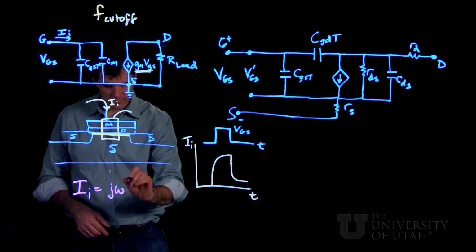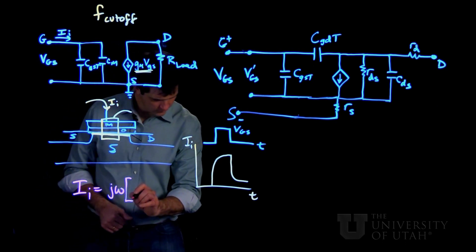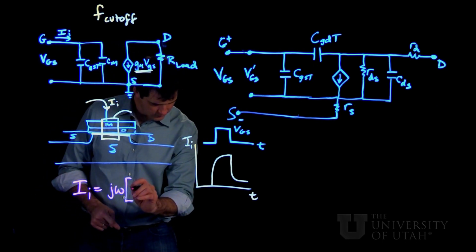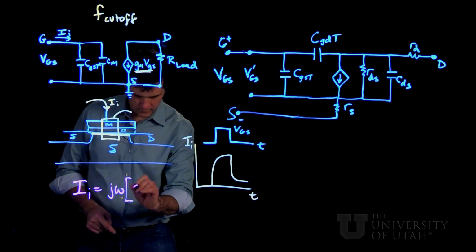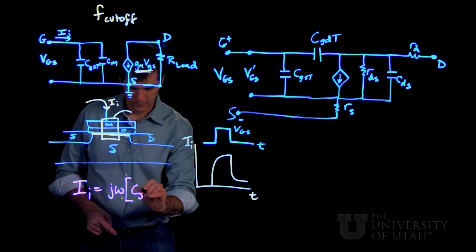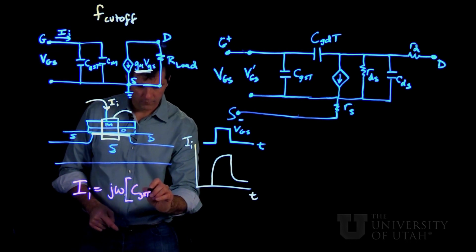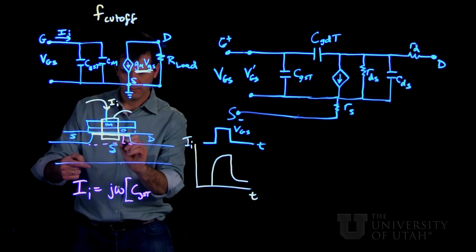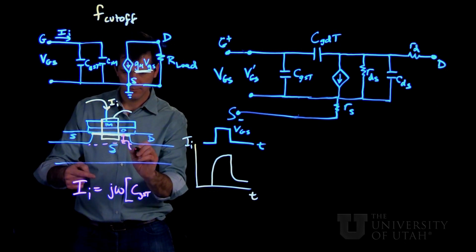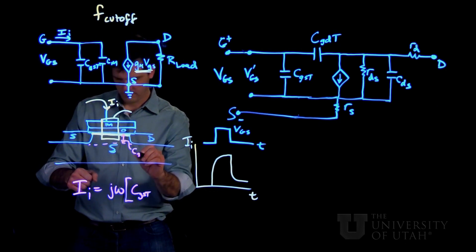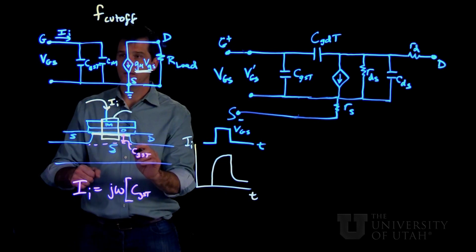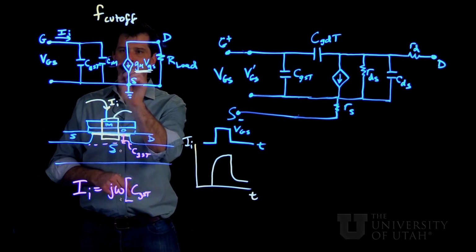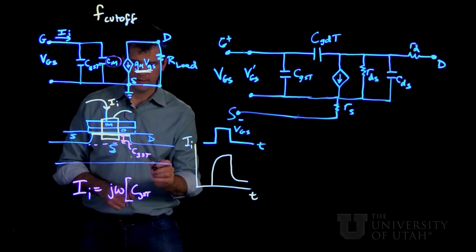We get a j omega times the capacitance, the depletion capacitance in the semiconductor, and then this other sort of parasitic so-called Miller capacitance.